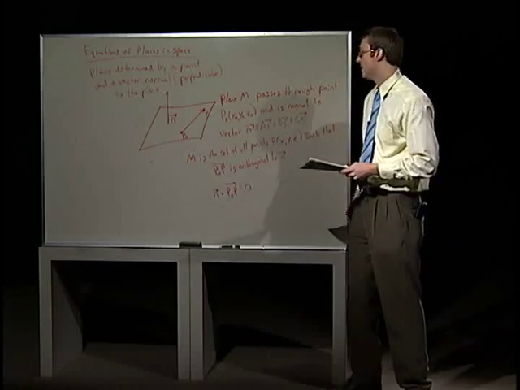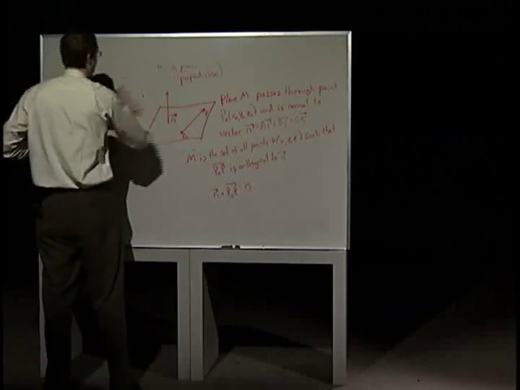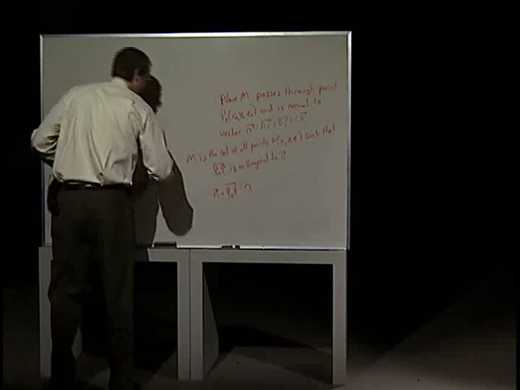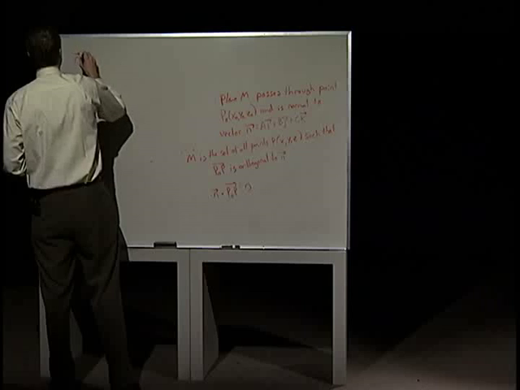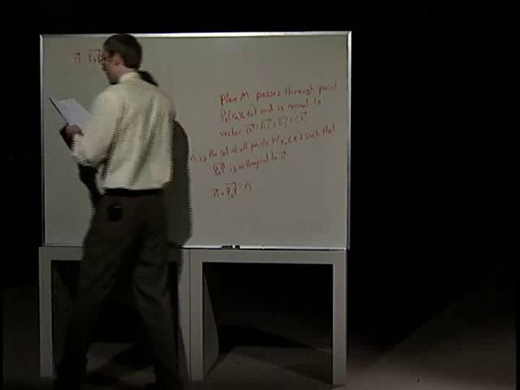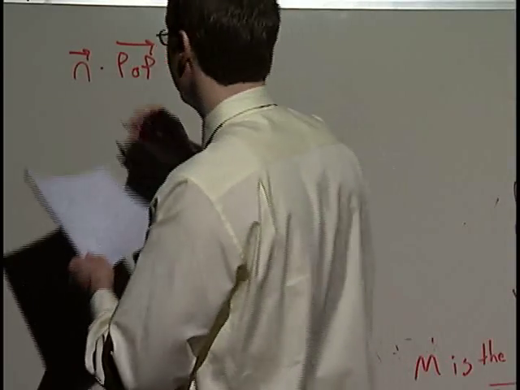Okay, let's examine that equation more closely. So we have this equation that's not that useful to us quite yet. n dot P naught P equals 0. Well, we know about n and P naught P, so let's go ahead and fill things in.